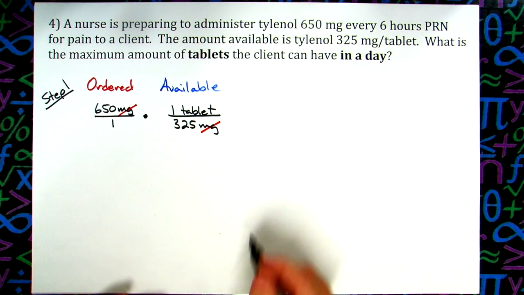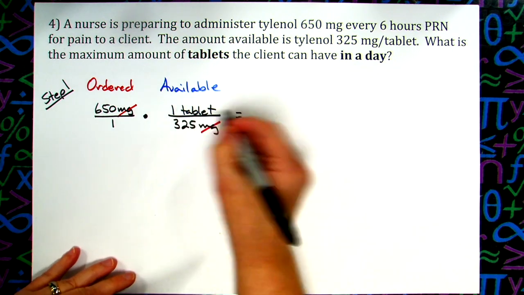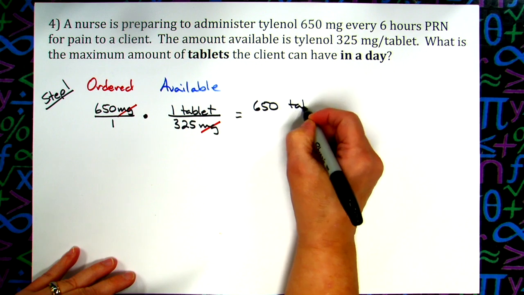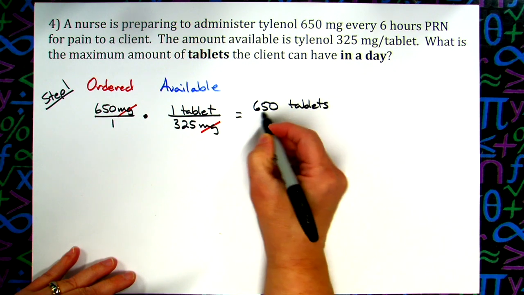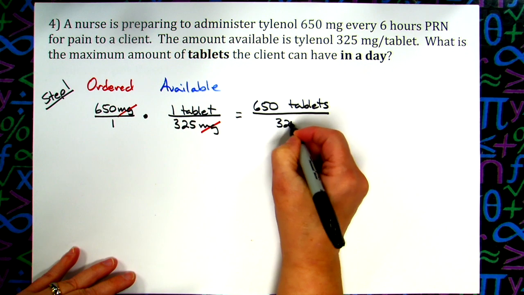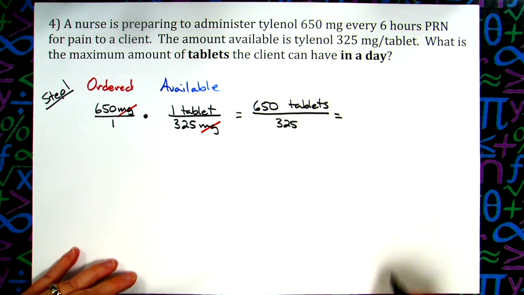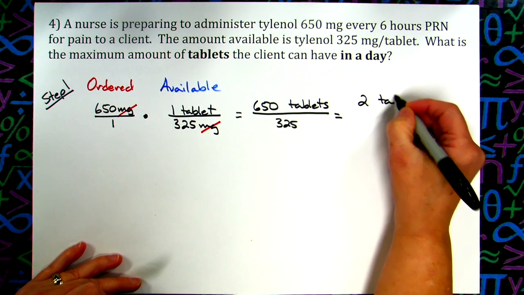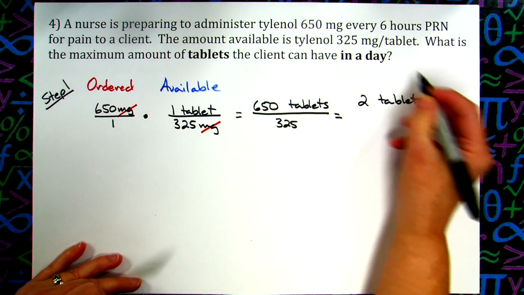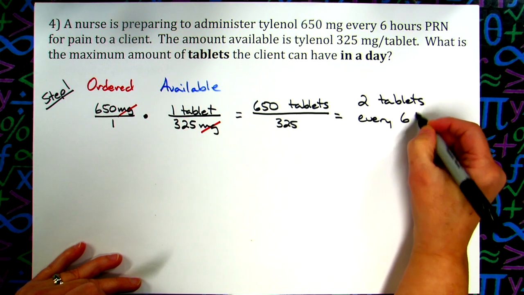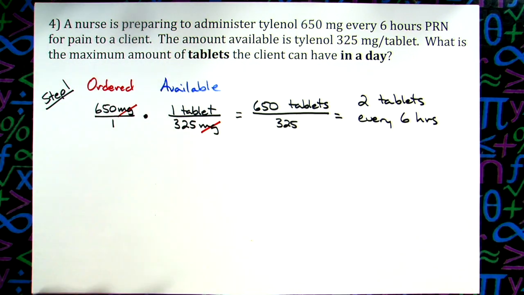So the dosage, I'm going to multiply straight across the top. We'll get 650, and then I'll go ahead and put tablets on here. Multiplying across the bottom, 1 times 325, 325. So if we go ahead and divide 650 by 325, we get 2 tablets, and then every 6 hours. So that's the dose per dose.